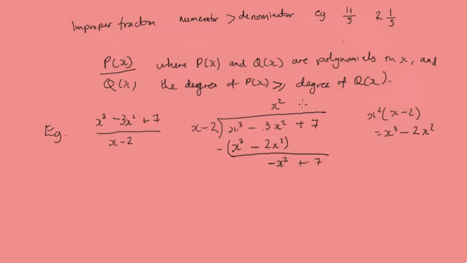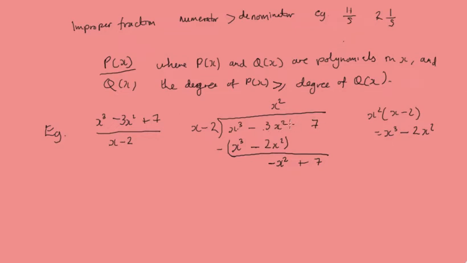Now we're going to use x squared. We need to add in an extra bit here, so we've got plus 0x.